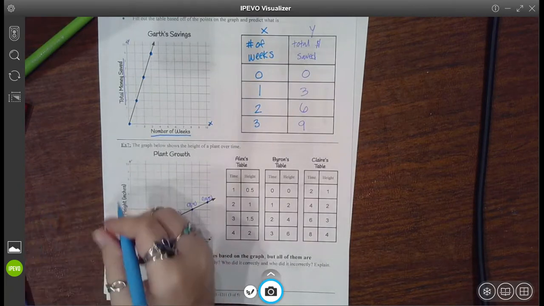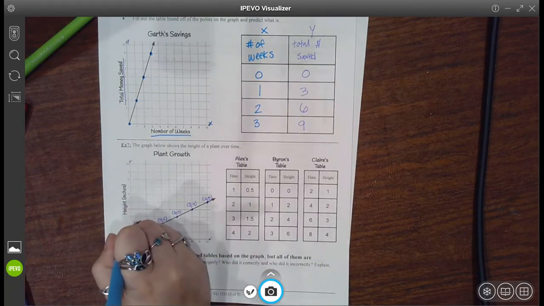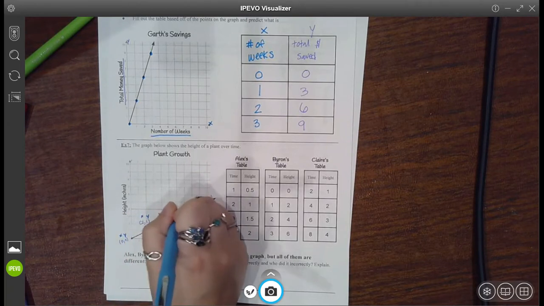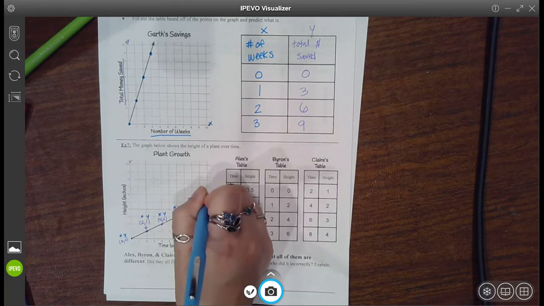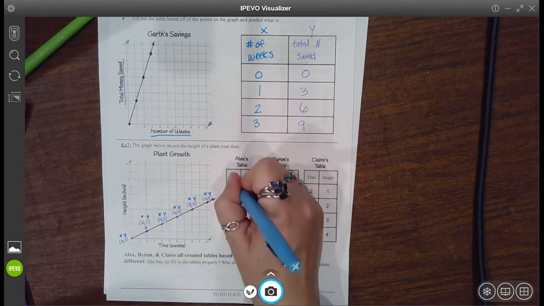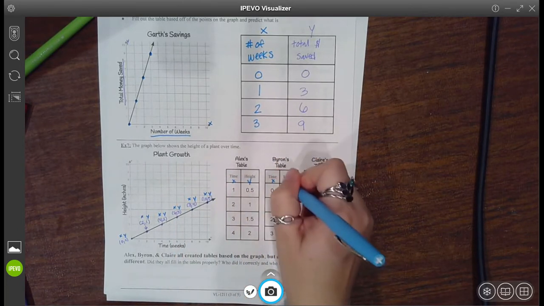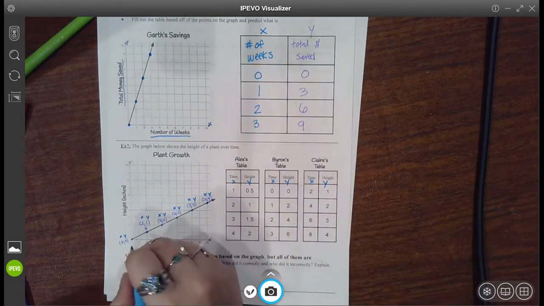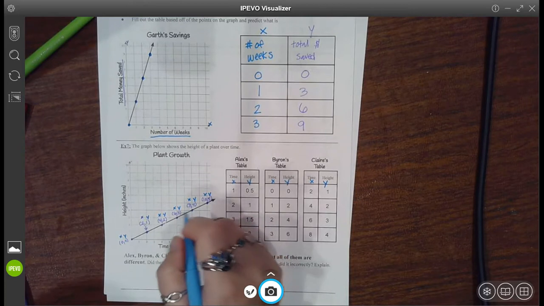Remember that these are coordinate points representing x, comma, y. So what do you notice about the actual graph?